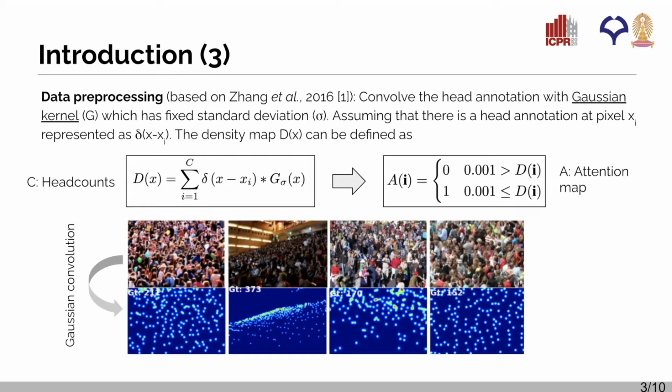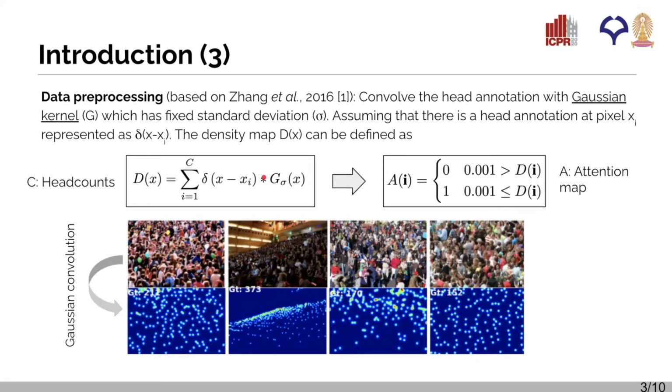In data preprocessing, we cannot use only the crowd count or people count to be the labels for the network because the crowd distribution will be neglected. To deal with the problem, we convolve the head annotation with Gaussian kernel G, which has fixed standard deviation.